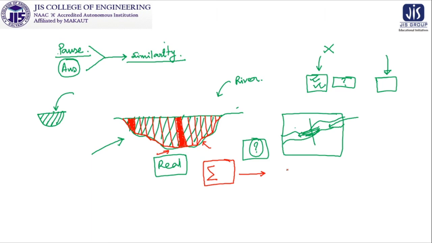And once this is reached, obviously associated with some error, the total amount of water will not be exactly the same, but we can claim that it will be very much close.